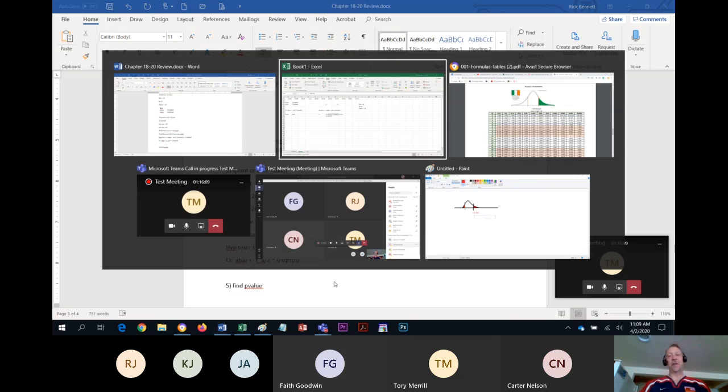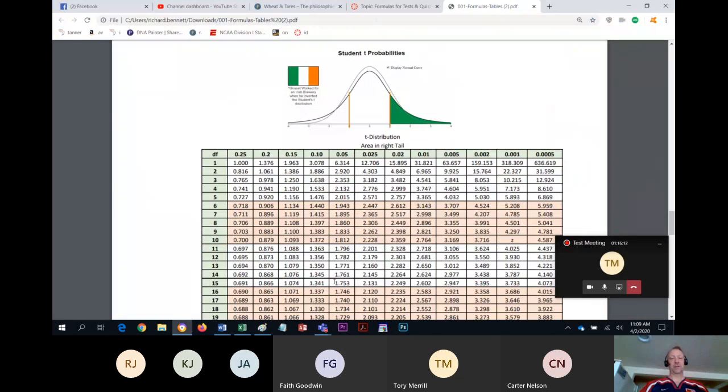Okay, so how do I find the p-value on this chart? Do you guys know? You guys definitely want a hint, don't you?